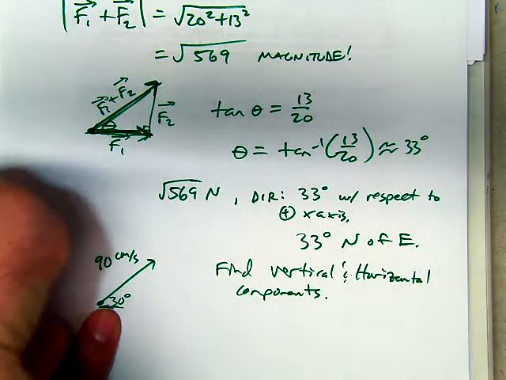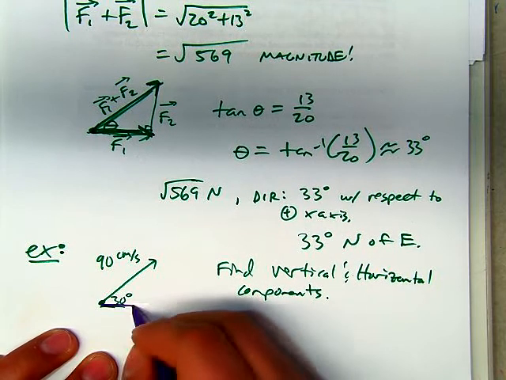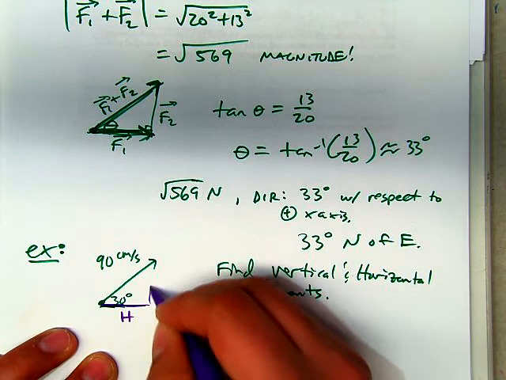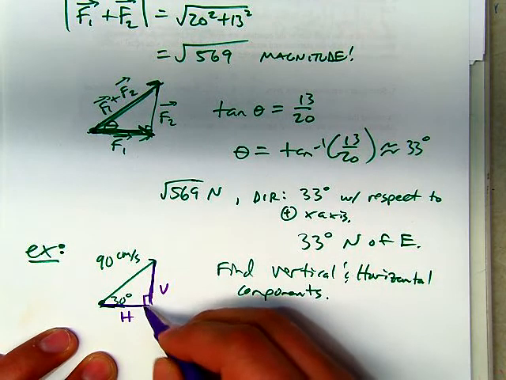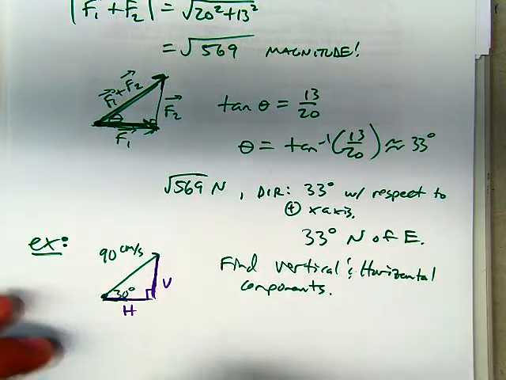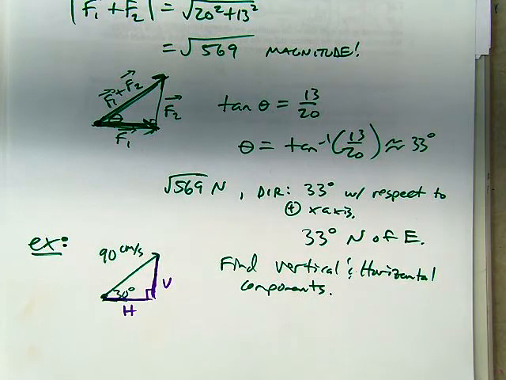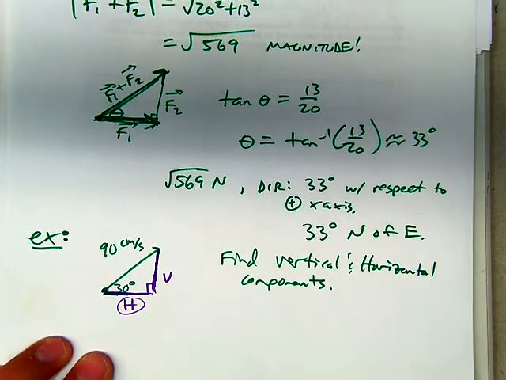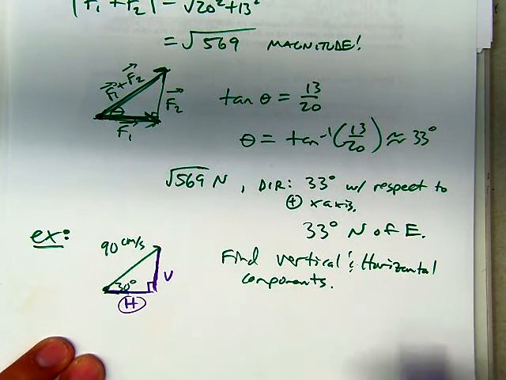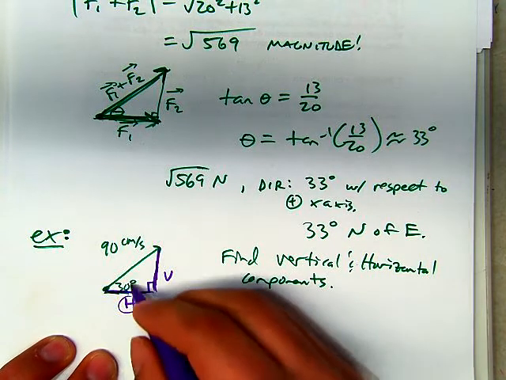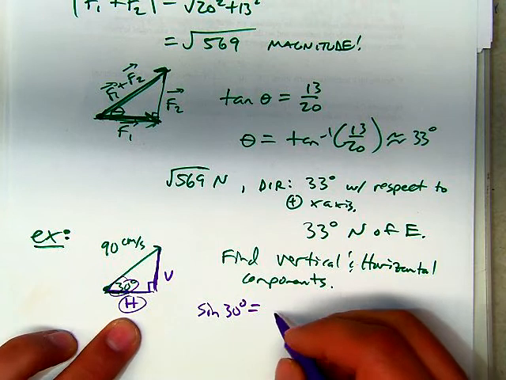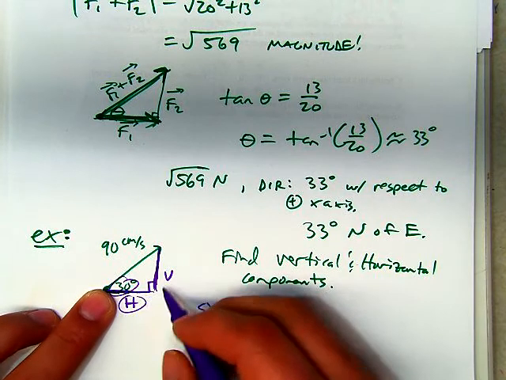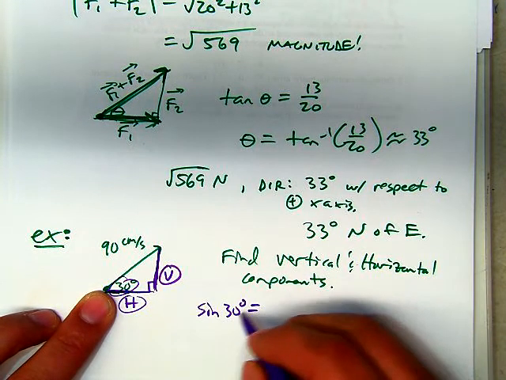Okay, well, all that means is to find the horizontal part and the vertical part, if you were to make a right triangle that would fit this description. Okay, and if we're looking for the horizontal part, okay, then that's not too bad. We have 30 degrees, so sine 30 is going to equal, oh, if I'm doing sine, sorry, that means opposite.